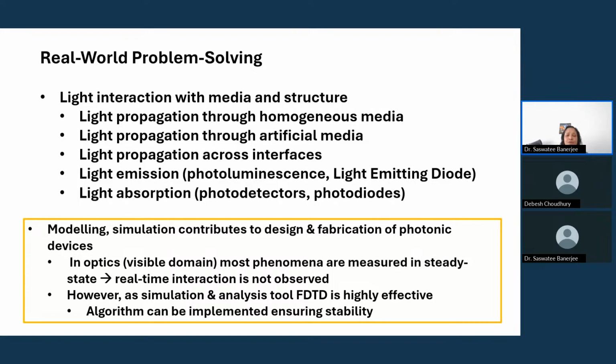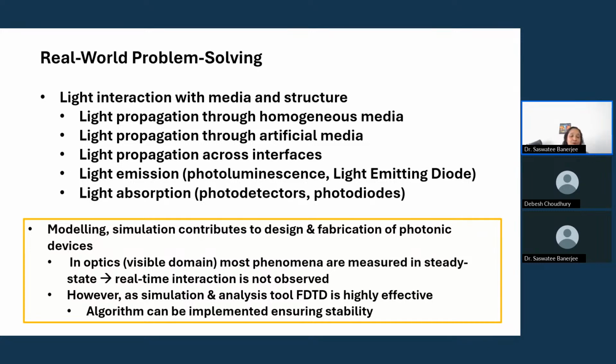There is another type of device, the light absorption device, which you see in, say, solar cells and detectors. So this time, I decided to go a little bit into photodiodes and see what is there. It is interesting because it's a real life problem, and that's where you need a lot of design.